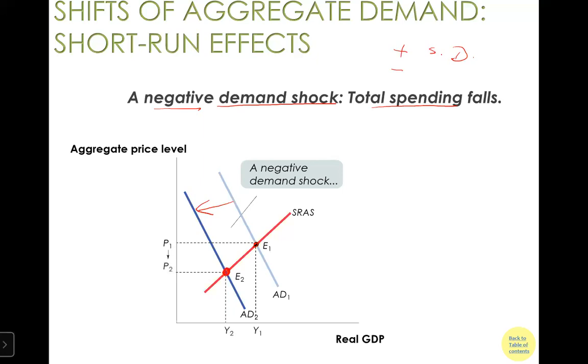Okay, and from a comparison between the new equilibrium and the existing equilibrium, what we're going to see is the price will fall and the quantity will fall, or in other words, both aggregate price and aggregate output will decline after a negative demand shock.